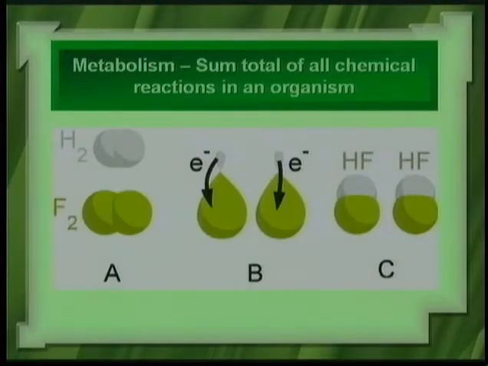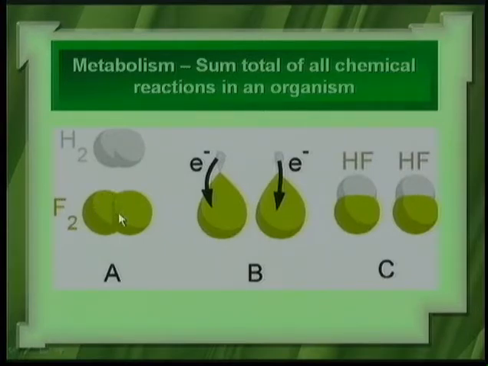Alrighty, so here you're showing a reaction, in terms of a redox reaction. Here you have a hydrogen molecule. A hydrogen molecule is when you have two hydrogen atoms covalently bonded to each other. And here I think you call it a fluorine molecule.